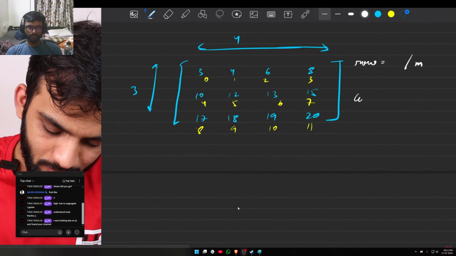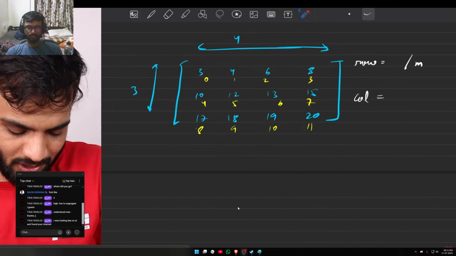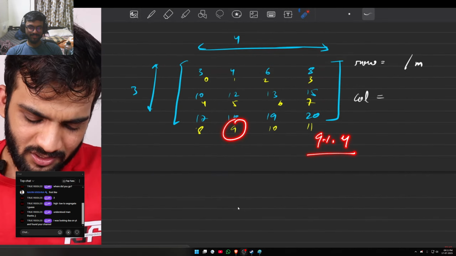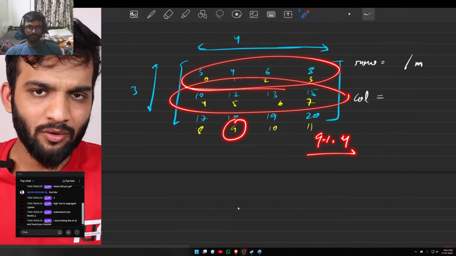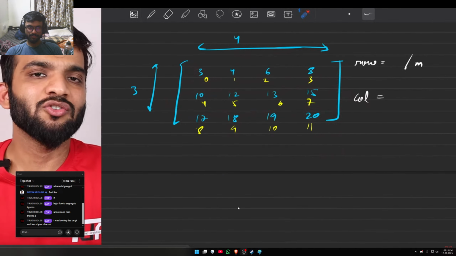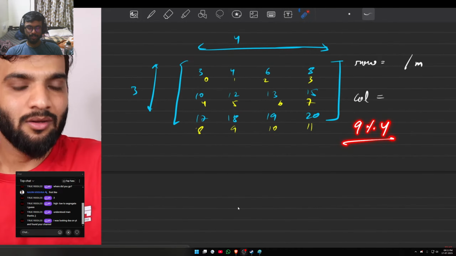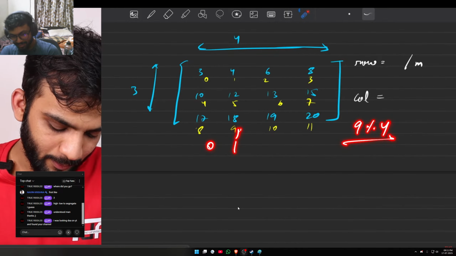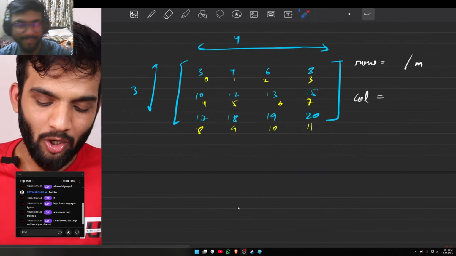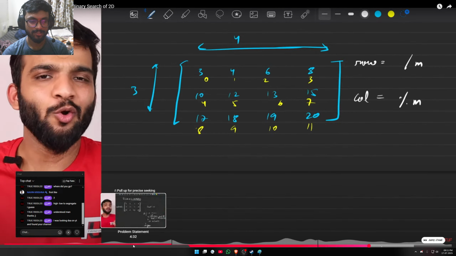What about the column? I know these many m have gone by. So if I'm standing at 9, I'm doing 9 modulo 4, which means the full rows have gone by. So how much is remaining? That's basically 9 modulo m, the remainder, 1. Column is super simple. It's going to be modulo m, and you know why.